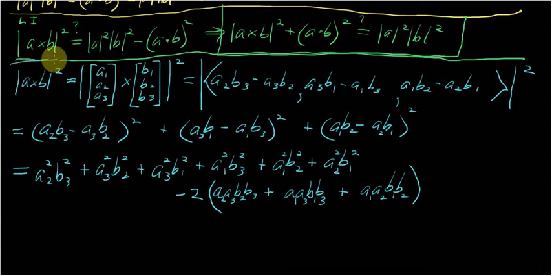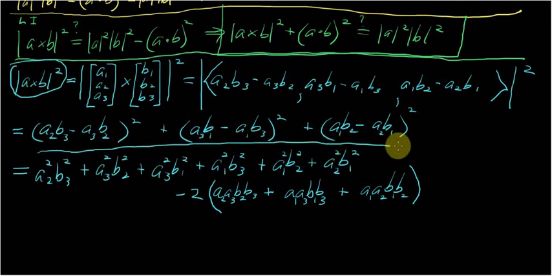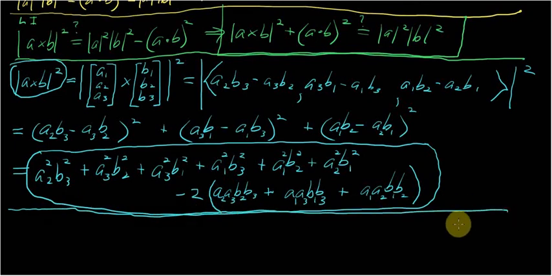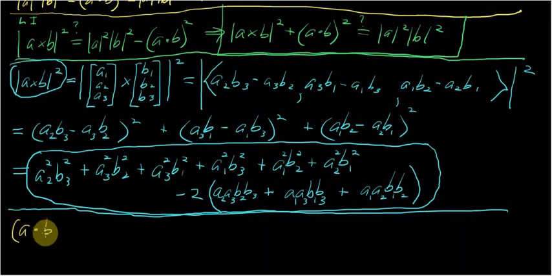Now we have that this is equal to all of this, and we're done with the first expression. Now we've got to get a dot b squared and expand it.